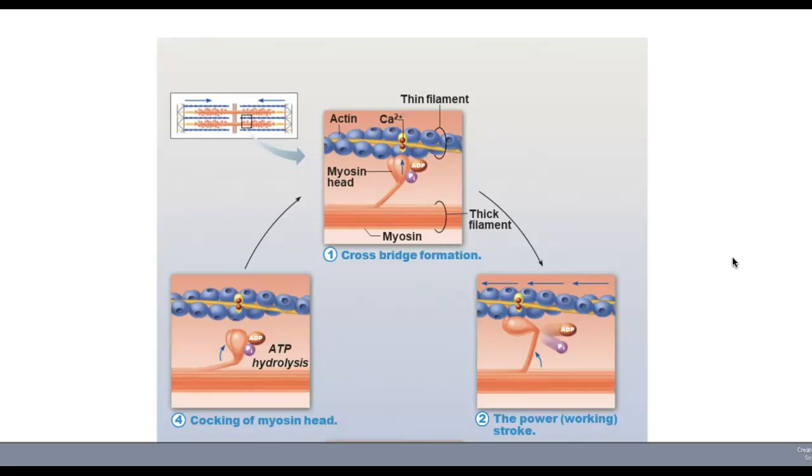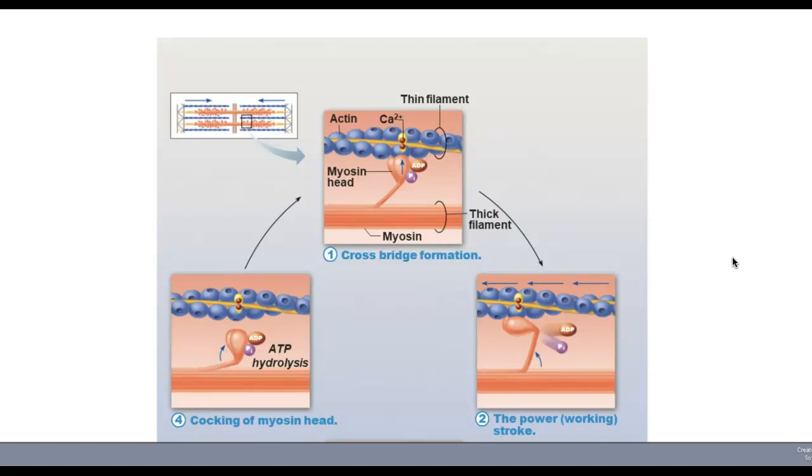But anyhow, in a previous note page, you would have read about the sliding filament theory of muscle contraction, or the sliding filament model of muscle contraction. In this model, we see that muscle contraction is the result of the thick filament sliding the thin filament towards the M line of the sarcomere. As the thin filaments slide, the sarcomere grows shorter.